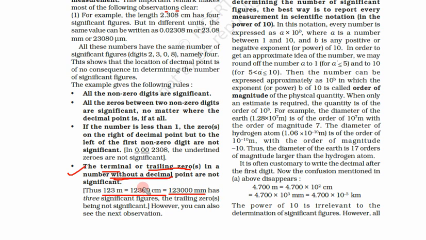There are two trailing zeros here and three trailing zeros there, but they are without a decimal, so they are not significant. Again, the significant figures are 1, 2, 3 in each case. So all these measurements have three significant figures. Now let us see what happens in the case of a decimal. Let us see the next observation.